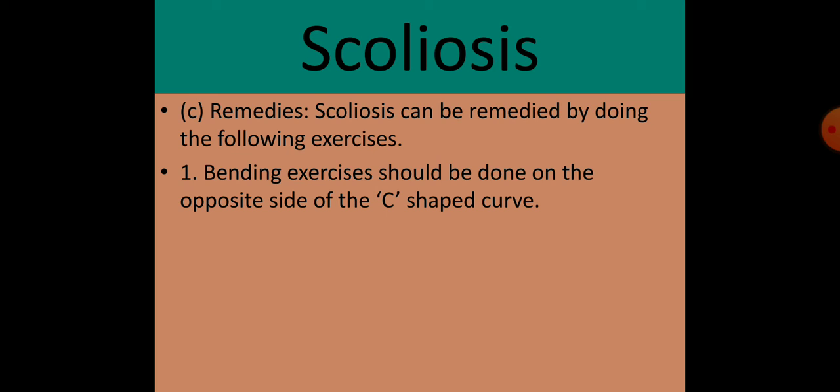So we can bend our body on the opposite side of the curve. If the C curve we can see, then the spine is bending towards left. So we will bend our body towards right side. So bending exercises can be done.